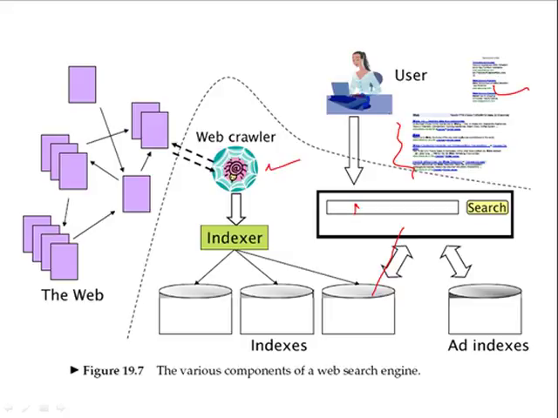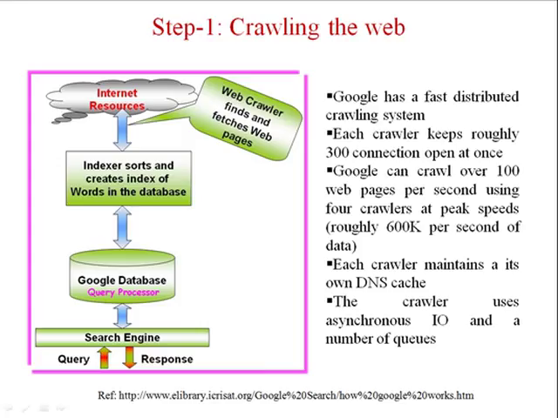So the roles of the crawler and indexer are very important. The first step is crawling the web. I use one figure to represent that. From internet resources, web crawlers find and fetch the web pages, and indexers sort and create indexes of the words in the database.